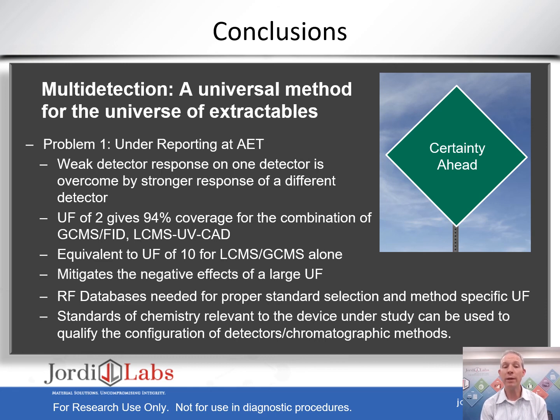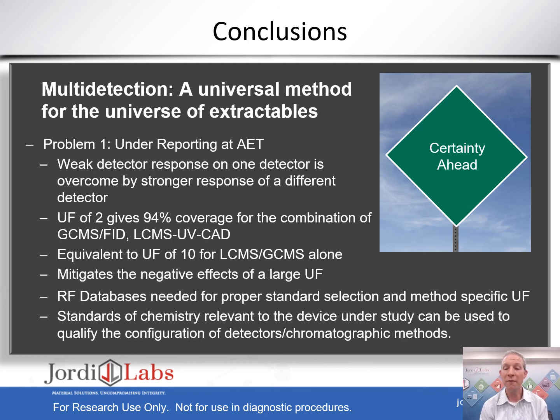If we do get a weak response on any one detector, it is my position that the best way to capture that compound is not through the use of UF, but rather to apply a better responding detector. Because as long as every compound gives a sufficient response on at least one detector, that compound will be included in our study and captured.